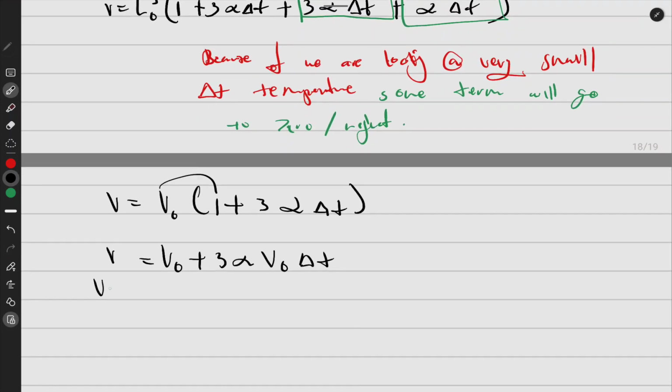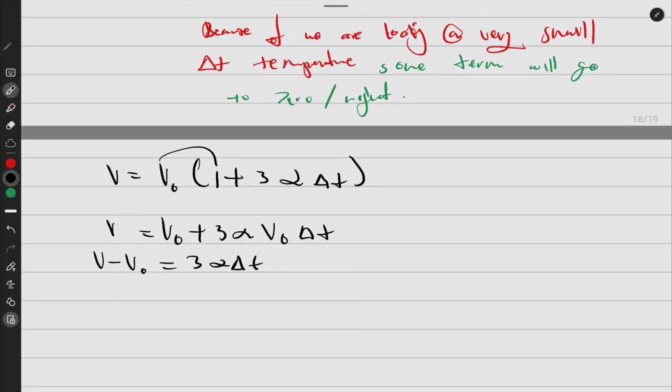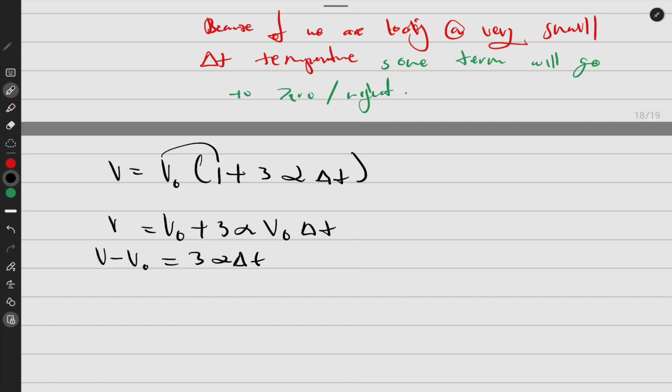Then I take this to the other side, I'll have V minus V naught. It's going to be 3 alpha V naught. I just factored out V naught, did I? Yes, I factored out V naught, so I don't have it now, so it's going to be like this. I factored it out and then I move it to the other side.